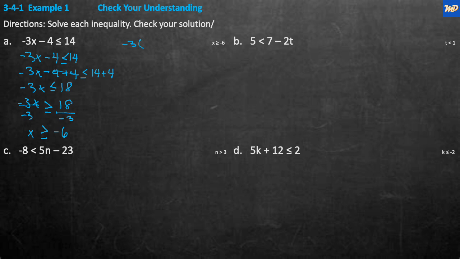To check the solution, we say negative 3 times negative 6 minus 4 is less than or equal to 14. Negative 3 times negative 6 is 18. Is 18 minus 4 less than or equal to 14?